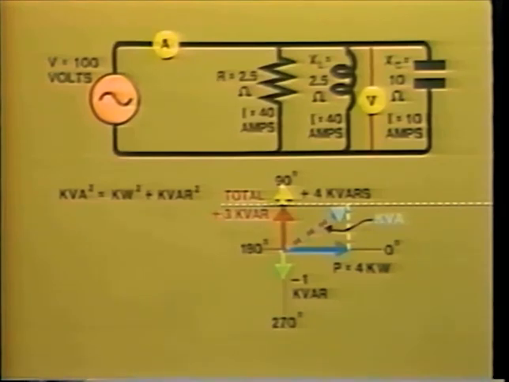And in our example, this will come to 4 squared plus 3 squared. If you work that out, that equals 25. And therefore, the magnitude of volt-amperes will be the square root of 25. And that comes to 5 kVA.